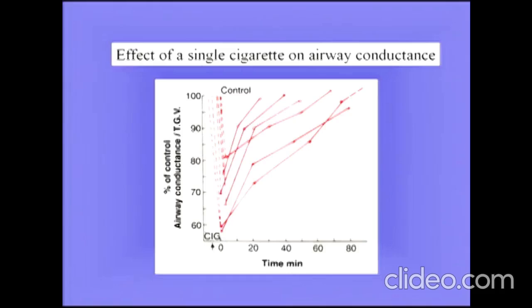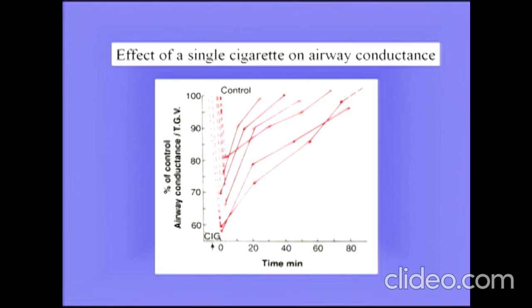Now, what causes these changes in chronic bronchitis? Well, of course, it's the inhaled pollutants, and I just want to show you the dramatic effects of the inhalation of smoke from a single cigarette on airway conductance. Airway conductance is the reciprocal of resistance.